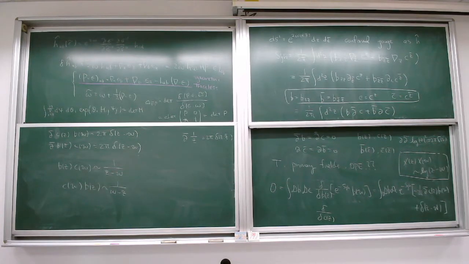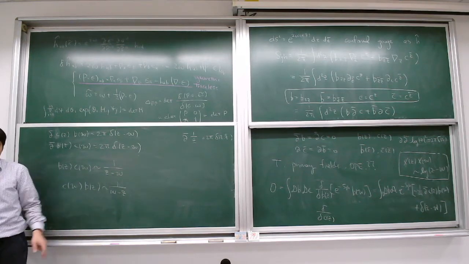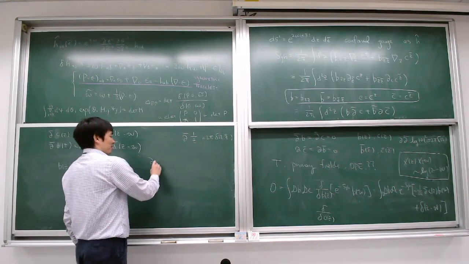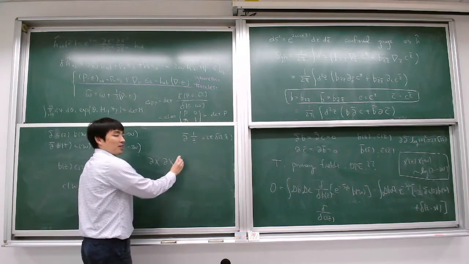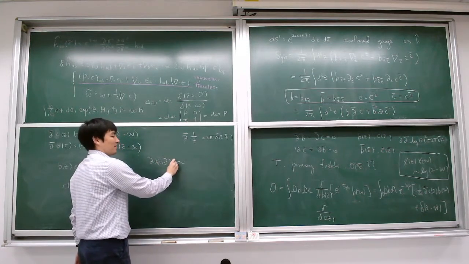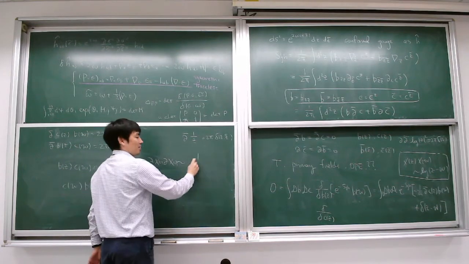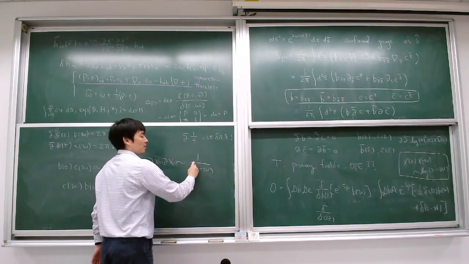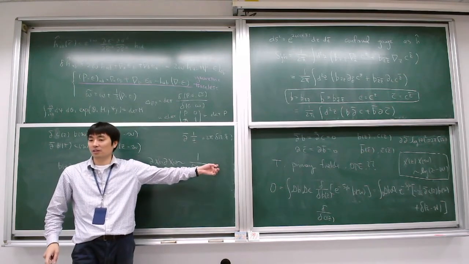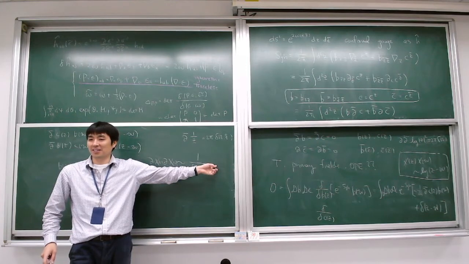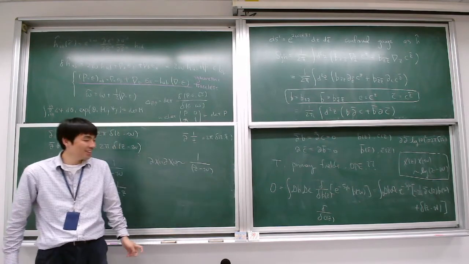And the difference is also, you can easily see the conformal dimension, right? You can easily guess. What is the exponent here? Do you remember?